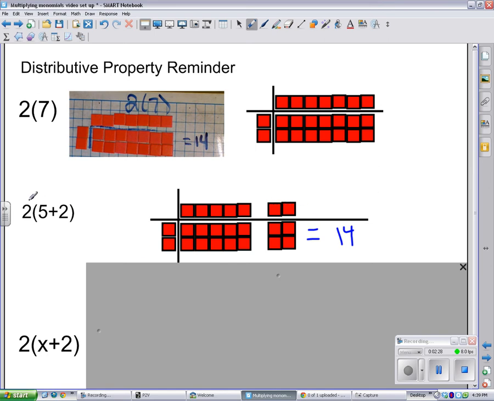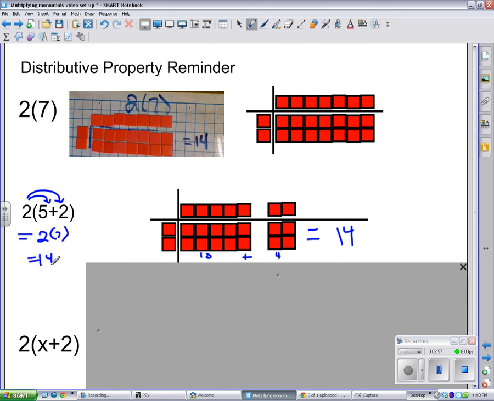So it's like I'm distributing the 2 to multiply the 5 as well as the 2 to multiply the other 2. So I have here a total of 10 area and here a total of 4 area, and if I add both of these areas together then I get the resulting area of 14, which is what I expected because in the simplified version it's 2 times 7, which is in fact 14.